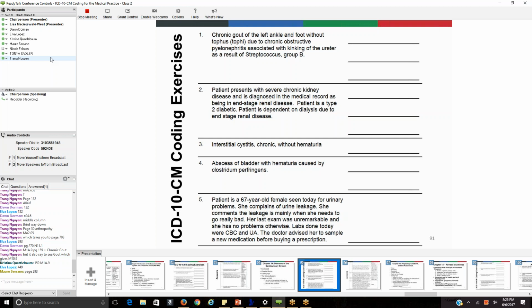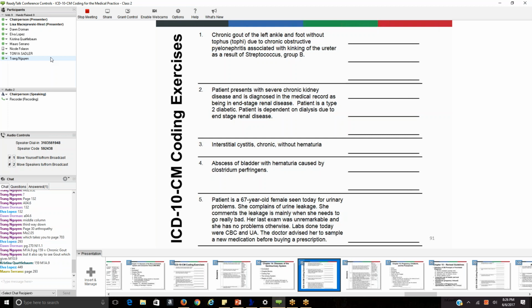N11.1 is other chronic obstructive pyelonephritis. Okay, so we have that one. Perfect. And then we have the chronic gout of the left ankle and foot without tophus, which is going to be the M1A. Let's take a look at that.